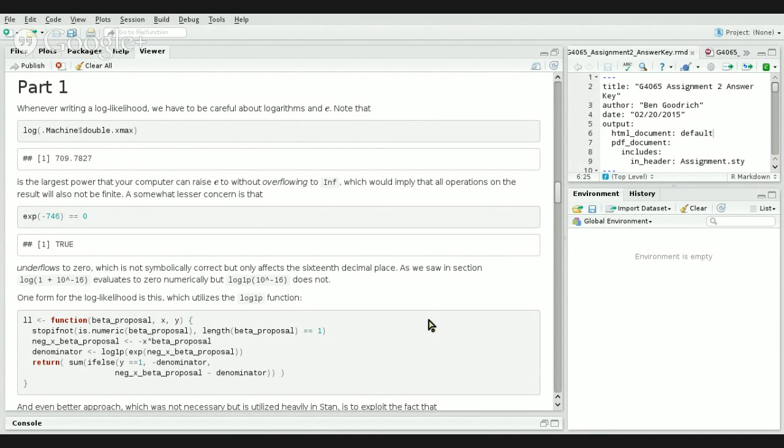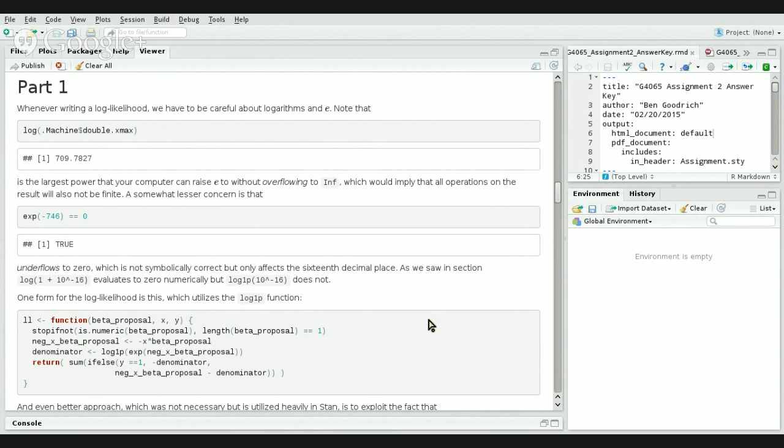So that's one of the reasons why, when doing Bayesian numerical work, we usually work with the log of the posterior distribution. As long as we don't have to actually raise e to the power of 1,000 or anything like that, it's still going to remain within the numbers the computer can easily handle. On the other side, for anything less than about negative 745, e to that power is going to evaluate to 0 as far as R is concerned.